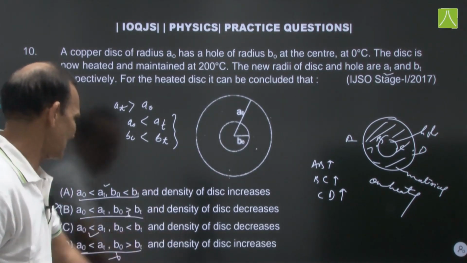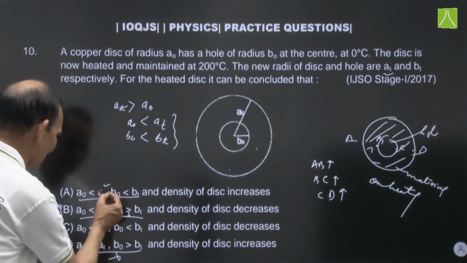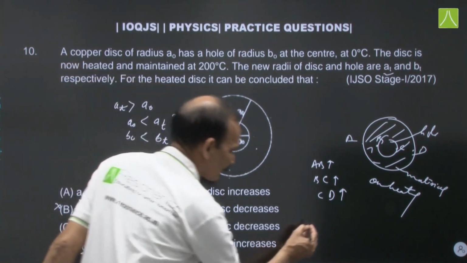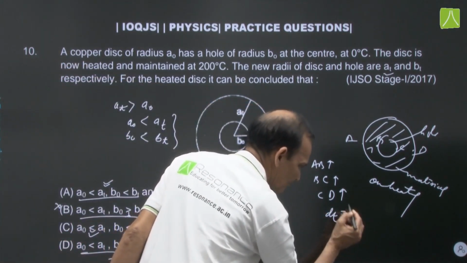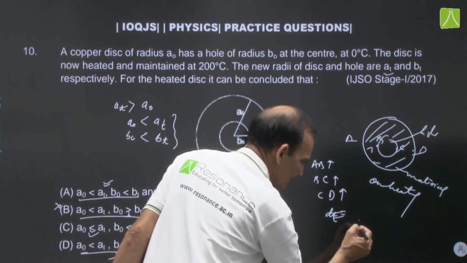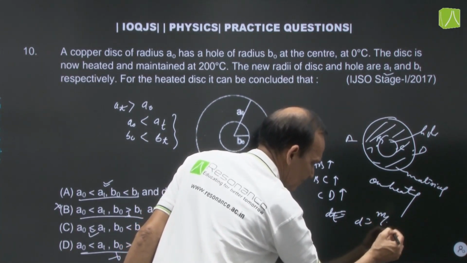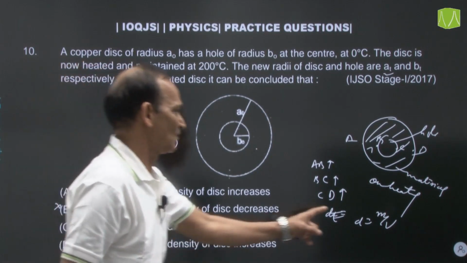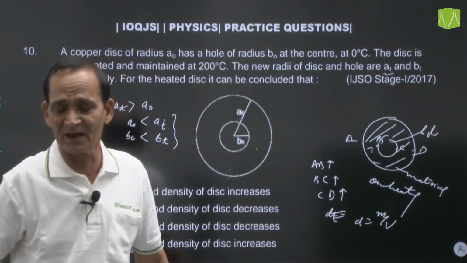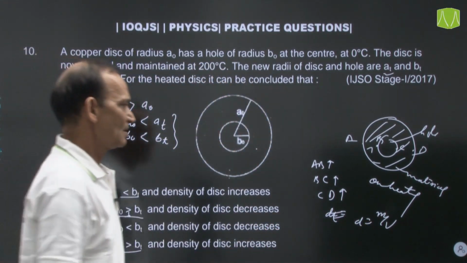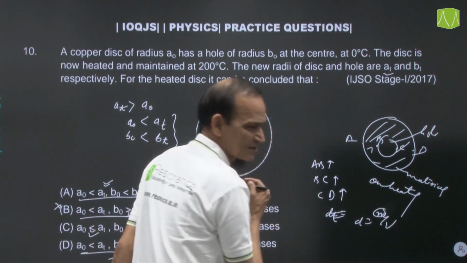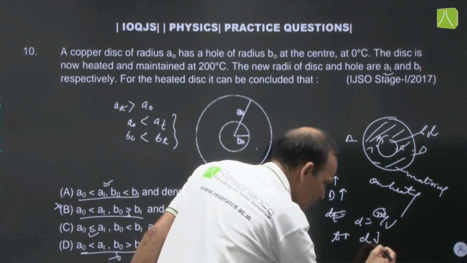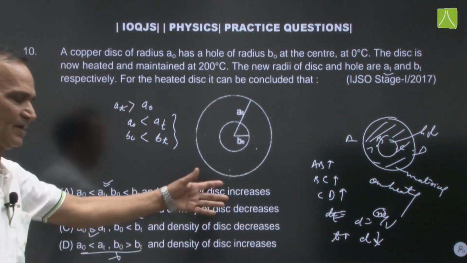Now think about density. For the purpose of density, this one seems correct, this one seems correct, but think about density. You know very well density, suppose d is equal to m upon v. If we increase the temperature, then volume v will increase, no change in mass. So on changing temperature, its density will decrease because volume will increase.